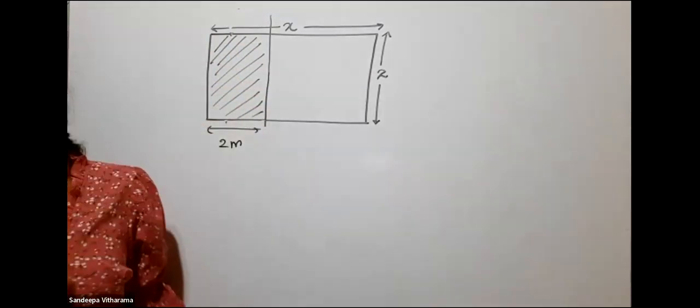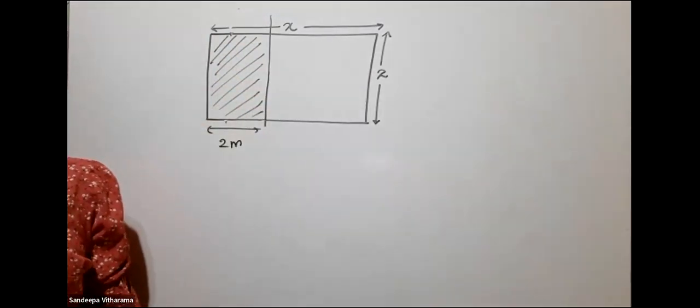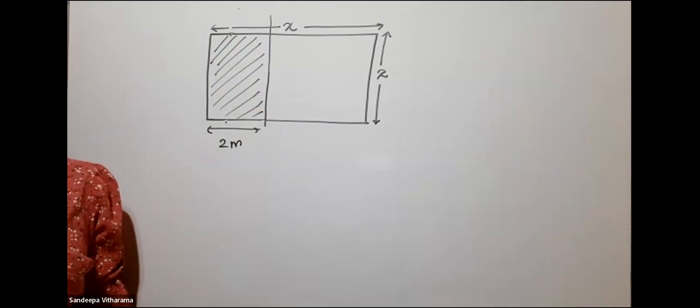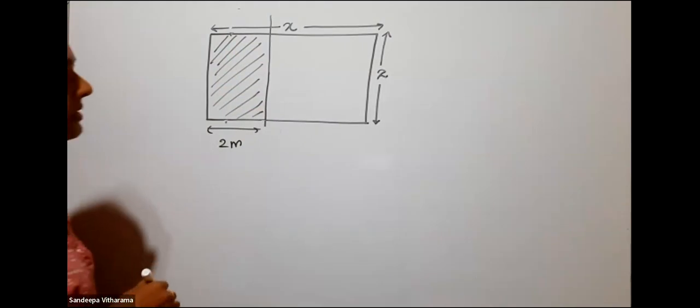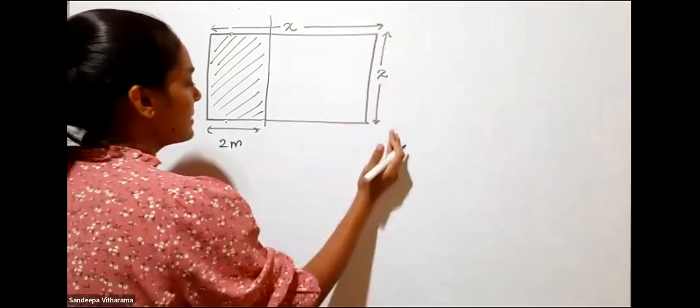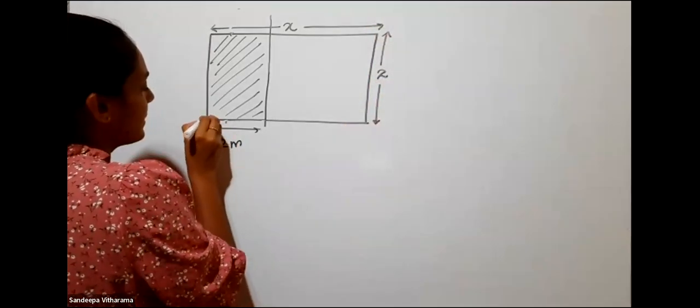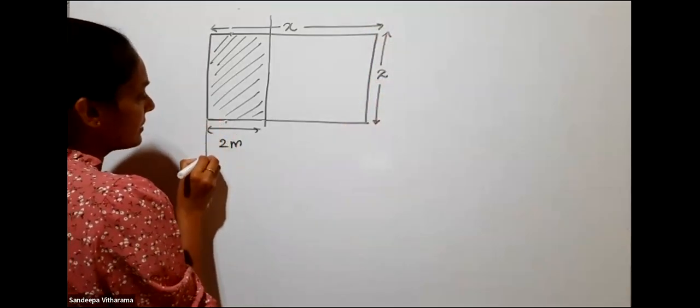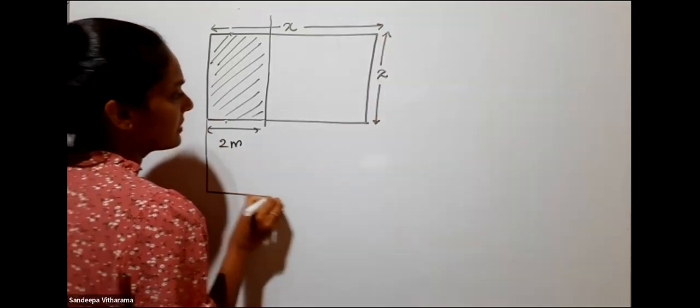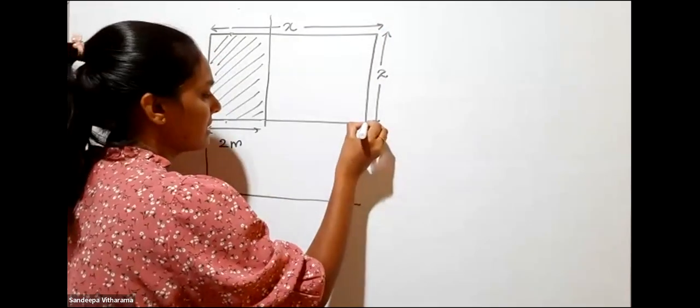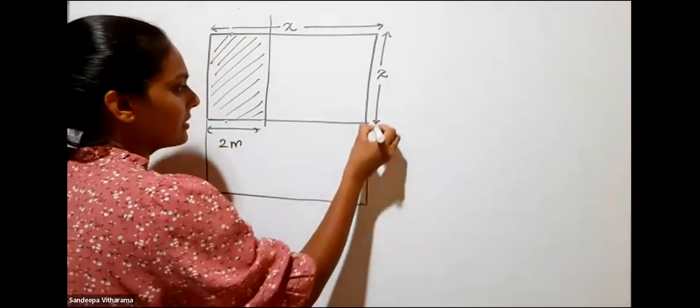Okay. 2 meters are reduced from its length and x meters are added to the breadth. The breadth is this side. Then x meters are added.